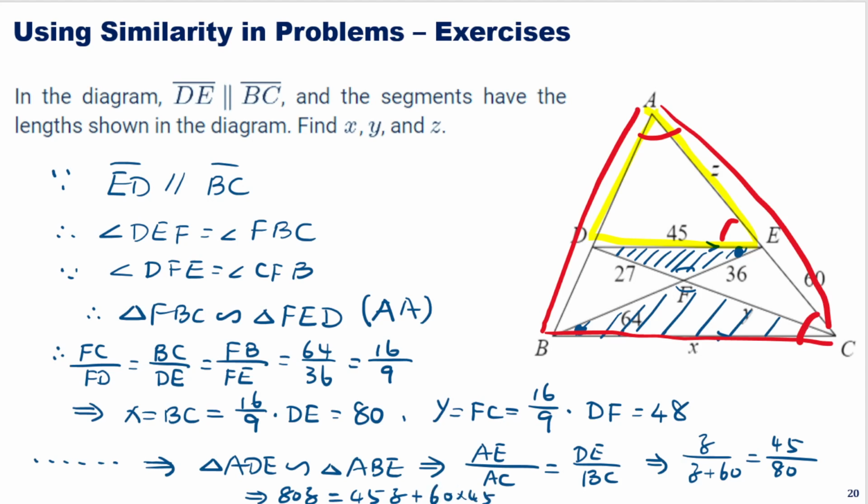So we have 35Z equals 60 times 45, which eventually gives us Z equals 450 over 7, right? Did you get it?